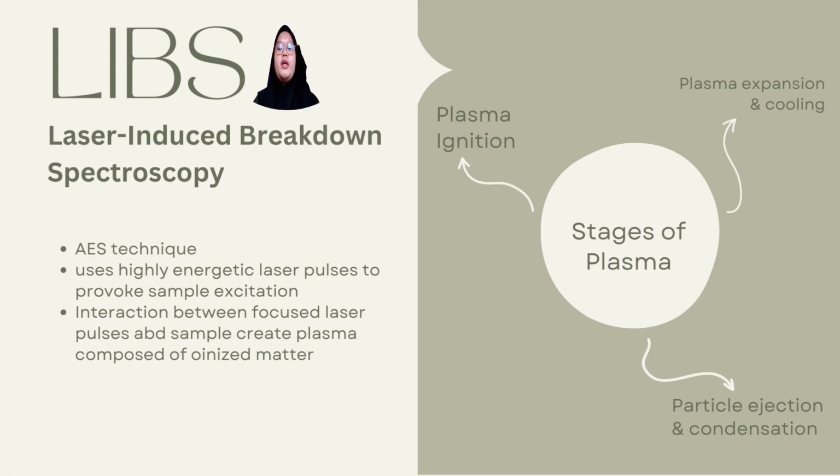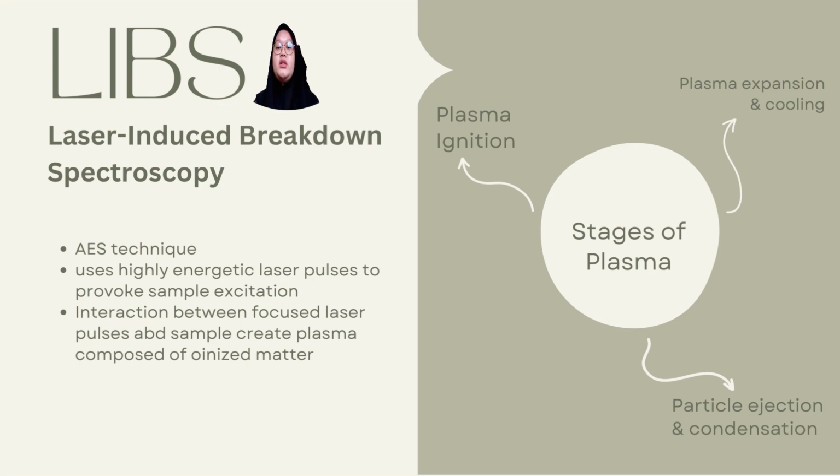Laser-induced breakdown spectroscopy, or LIBS, is an atomic emission spectroscopy technique which uses highly energetic laser pulses to provoke optical sample excitation. The interaction between focused laser pulses and the sample creates plasma, which is composed of ionized material.